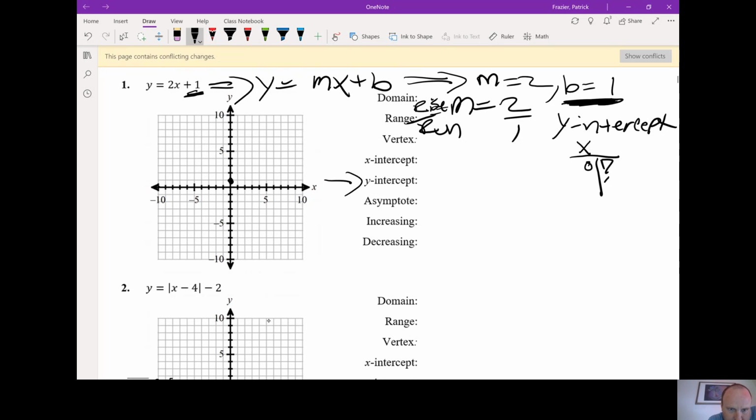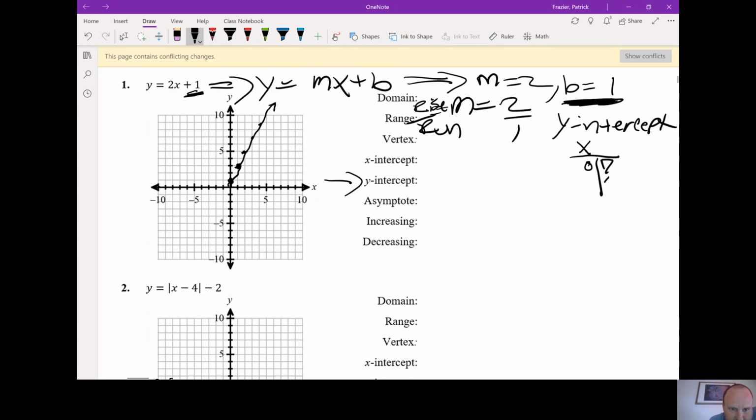So 1, 2, 3 over 1. And then go up 2 and over 1, up 2 and over 1, up 2 and over 1, and up 2 and over 1. And I'm just going to make that the end of an arrow.